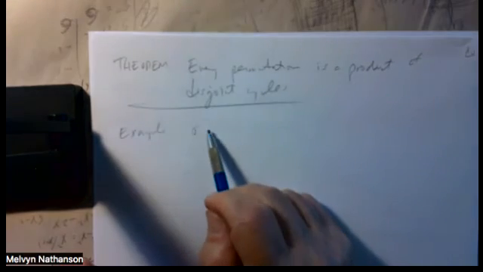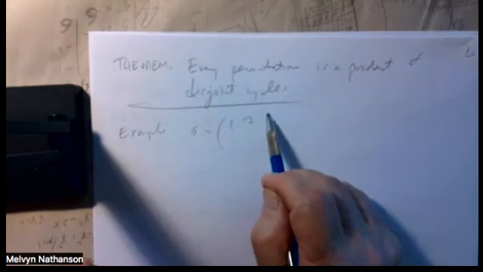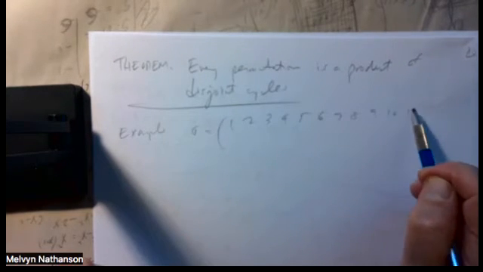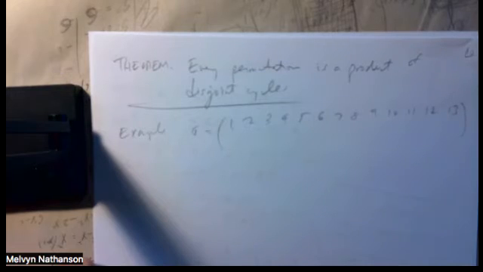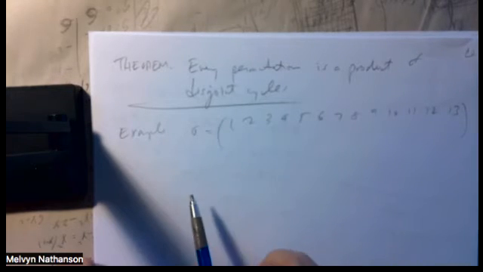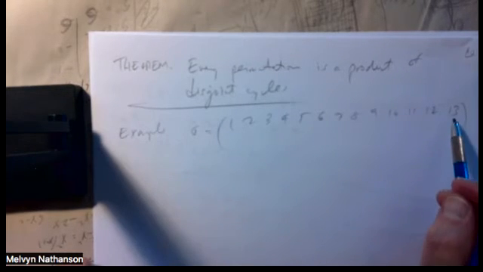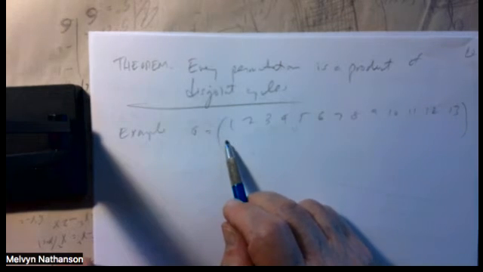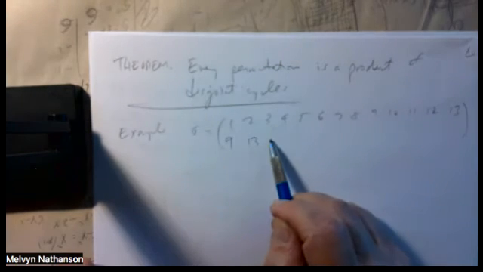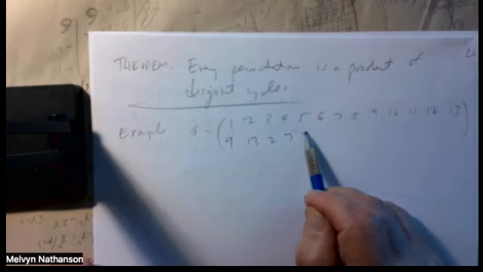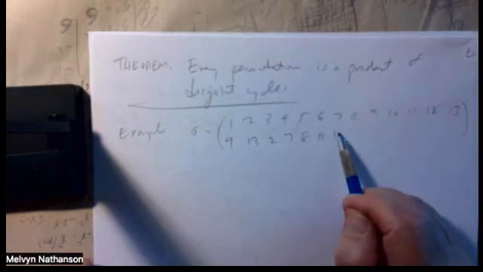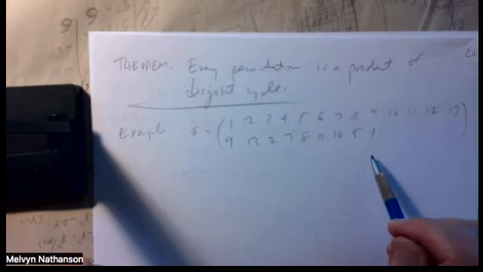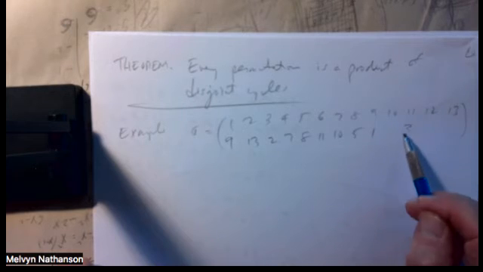Let's make it interesting. So suppose I take sigma, there we go. This is going to be a permutation of the numbers 1 to 13. Let's see, I haven't used 3 yet.